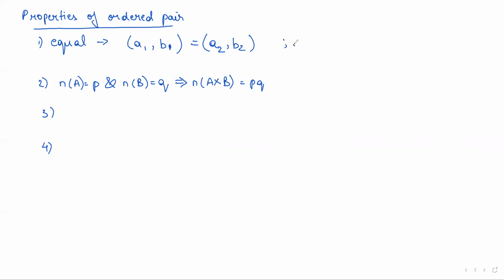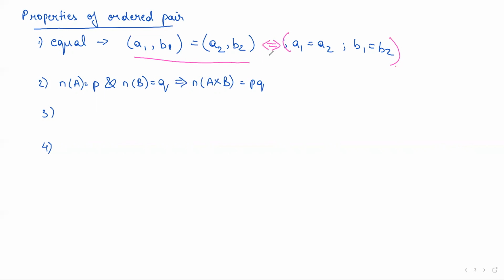That means a1 should be equal to a2 and b1 should be equal to b2. For these two to be equal, it's necessary that these two conditions are satisfied, and vice versa.